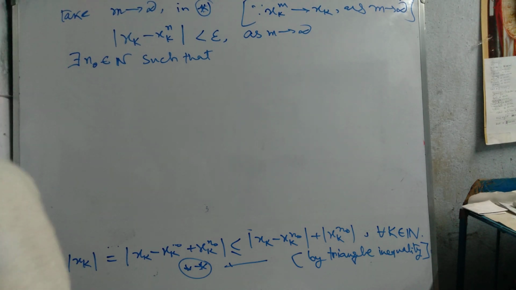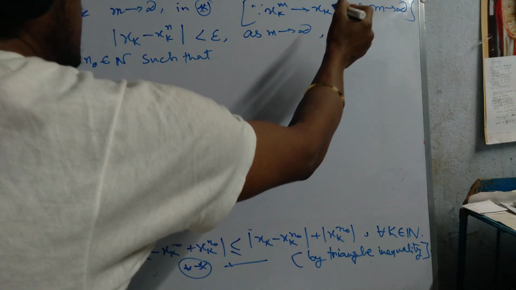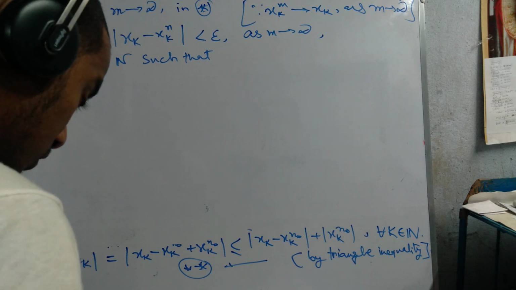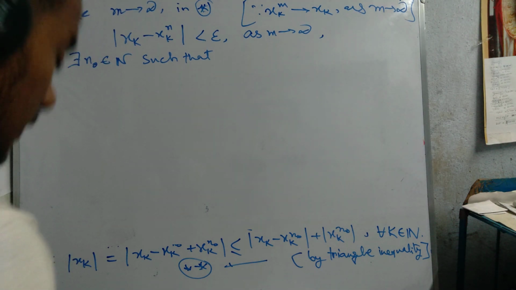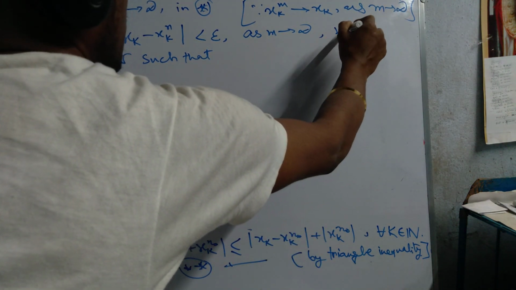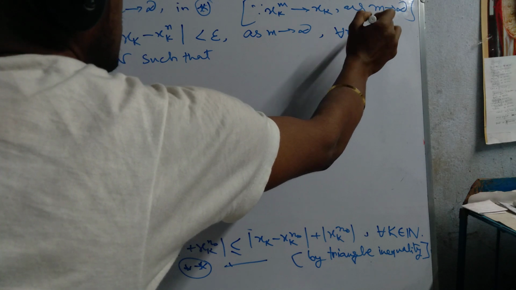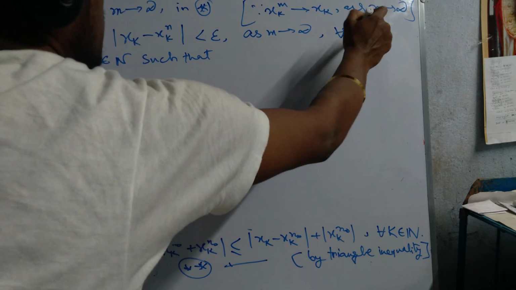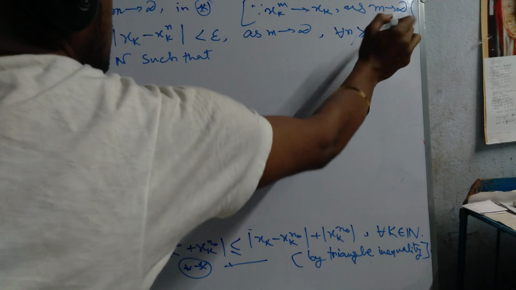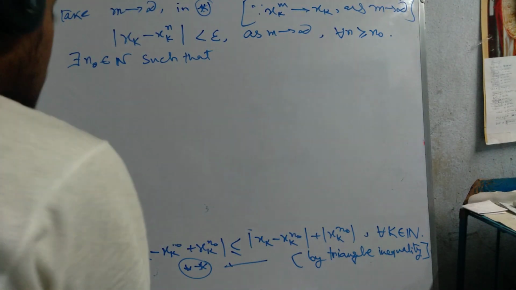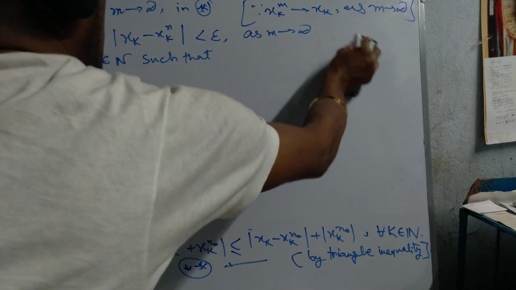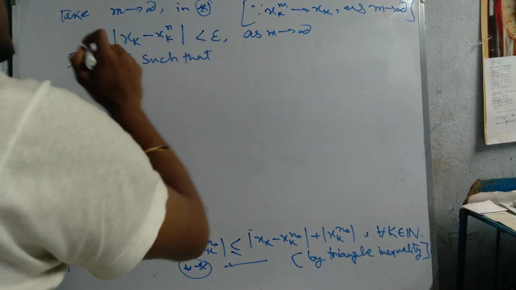Such that n0 is also given here. That means for all n greater than or equal to n0, so n is greater than n0. In star this one is given.